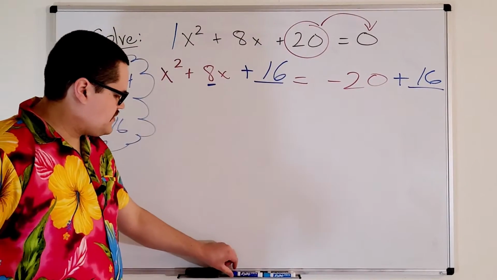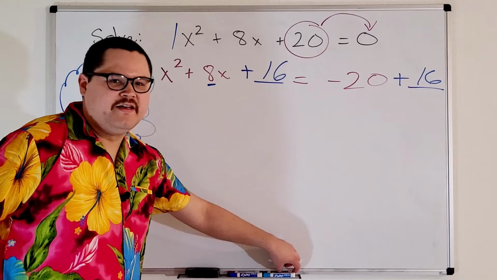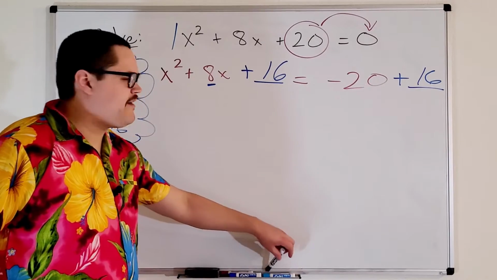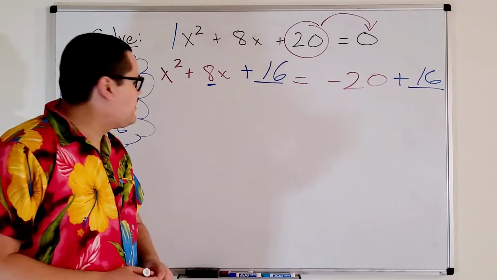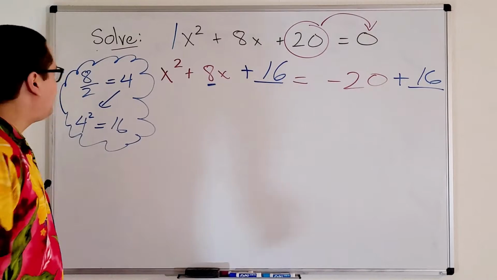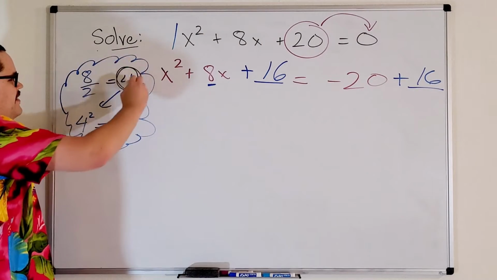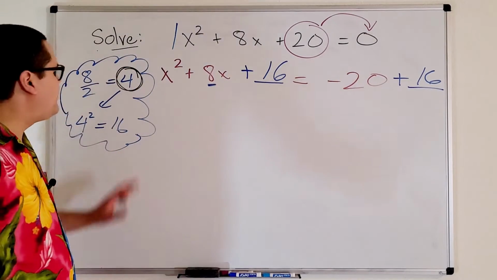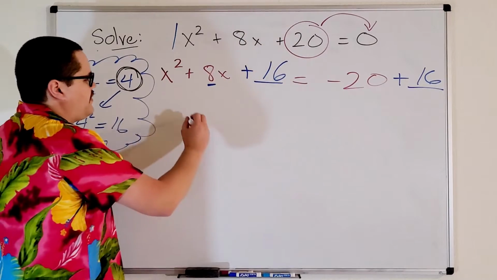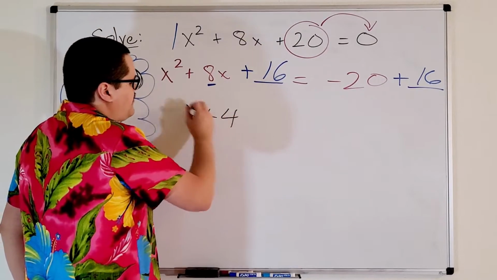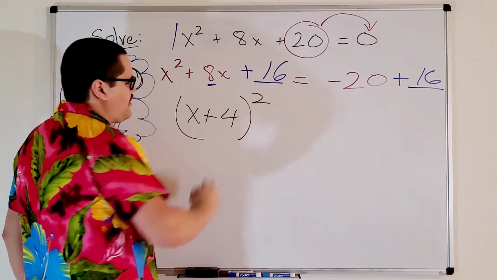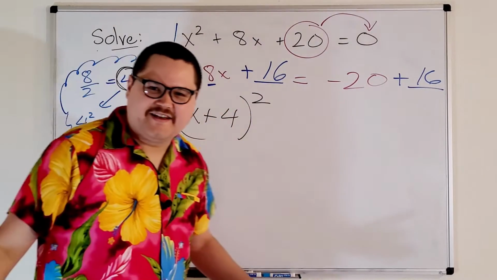And what's the purpose of doing that? Well, I claim the thing on the left is a perfect square. To see what it's the perfect square of, remember this step. After we divided by 2, we got 4. I claim the thing on the left is x plus 4 squared. Why is that?